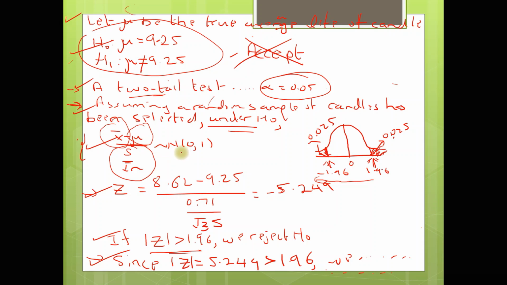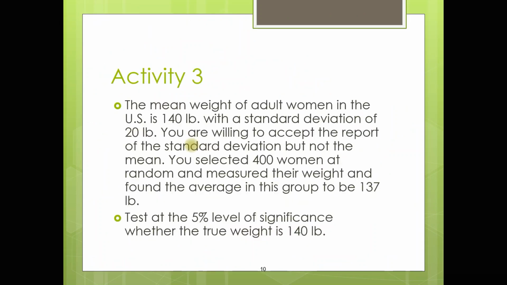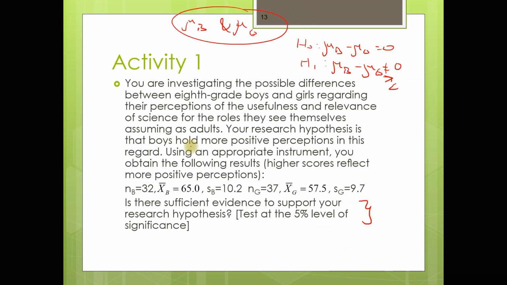So what is the general idea for coming up with your test statistic? You need to find your point estimate, subtract your hypothesized value, but under H naught you will see that it is always going to be equal to 0 based on what we are doing in this course.